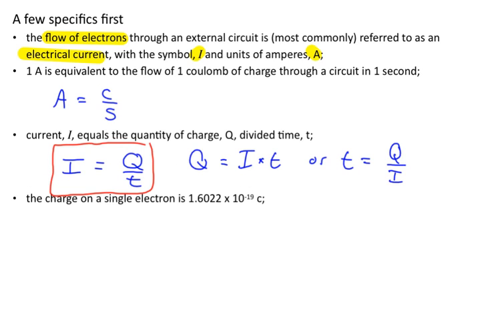And as I mentioned before, the charge on a single electron, one accepted number there, and we've shortened it a little bit, 1.6022 times 10 to the minus 19 coulombs. Okay? Now, one last thing. Charge on a mole of electrons. Okay? So charge on a mole of electrons, well, how are we going to determine that? Well, it's pretty straightforward.